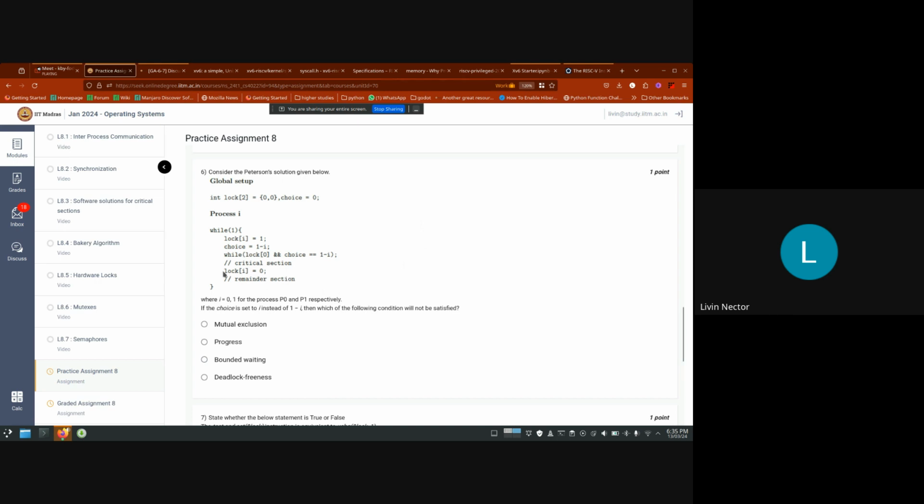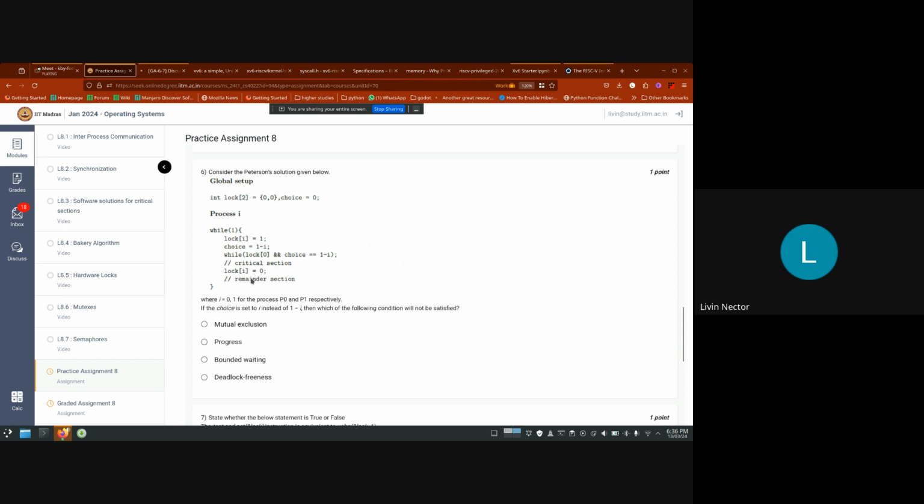Process 0 doesn't want to enter the critical section, so this lock of 0 will be false, right? Yeah, lock of 0 will be false.